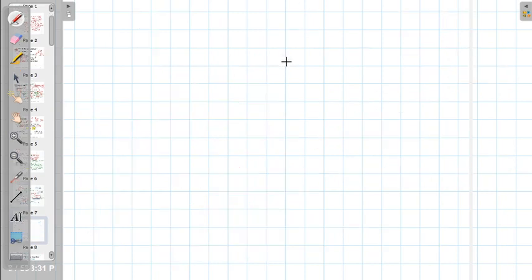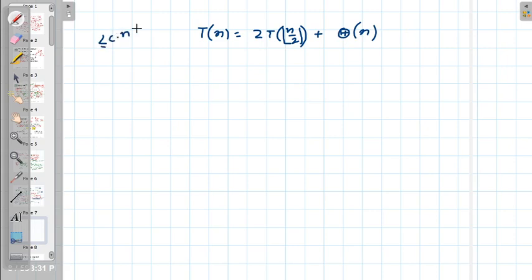Now say I am complicating it a little bit: 2T n by 2, maybe with the floor, plus this theta n. You know that theta n means it is less equal to some c times n, which we have seen in the earlier classes.